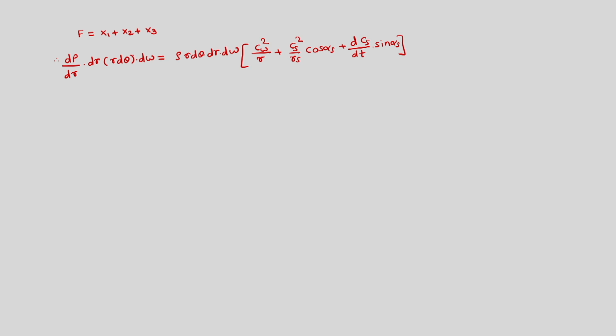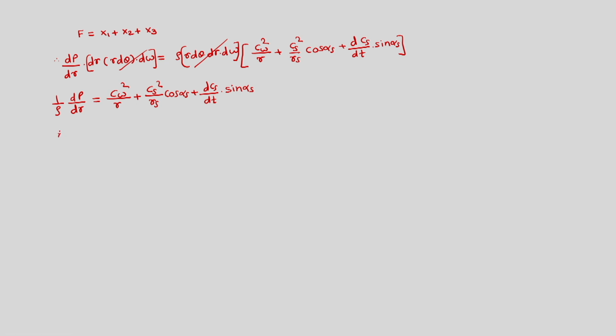Now this term gets cancelled, so we will have dP on the rho would remain, so that will be rho into dP by dr is equal to Cw square divided by r plus Cs square divided by Rs cos alpha s plus dCs by dt into sin alpha s. Now let us make certain assumptions.